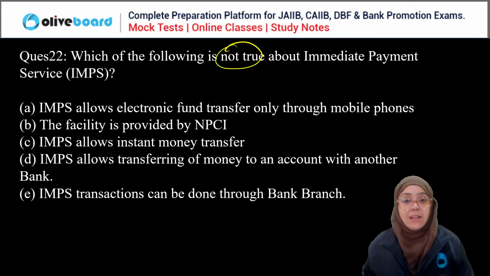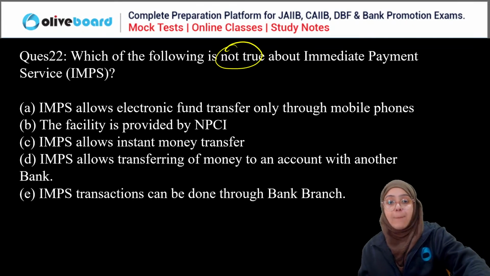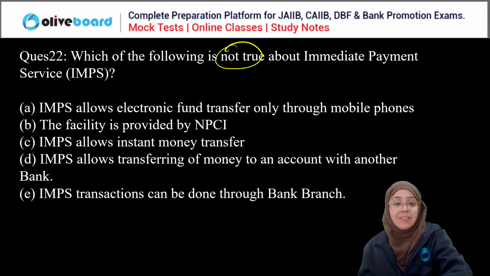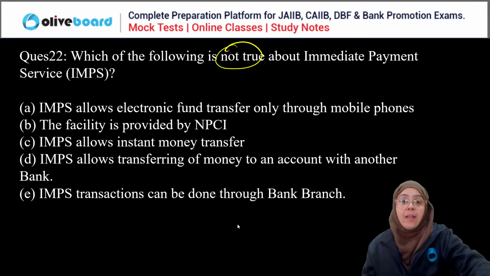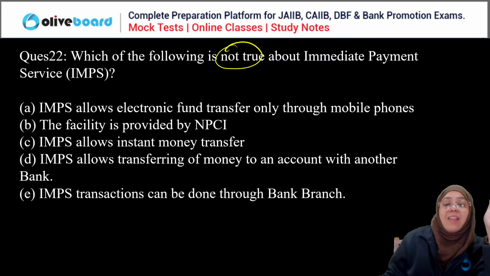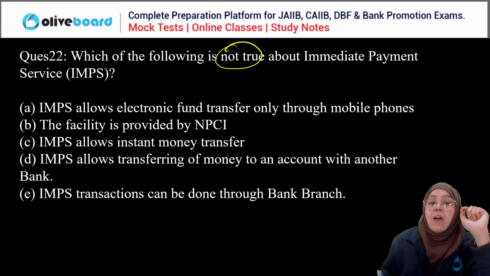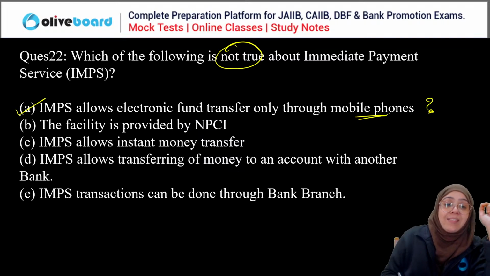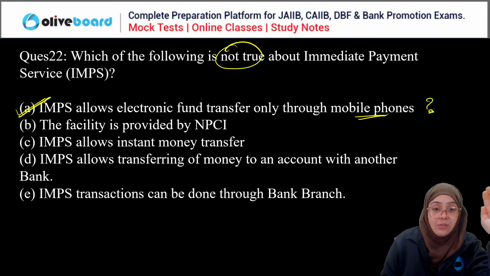Okay, so which of the following is not true regarding IMPS, Immediate Payment Services? Very easy. IMPS allows electronic fund transfer only through mobile phone. No, this can be done anywhere, right?